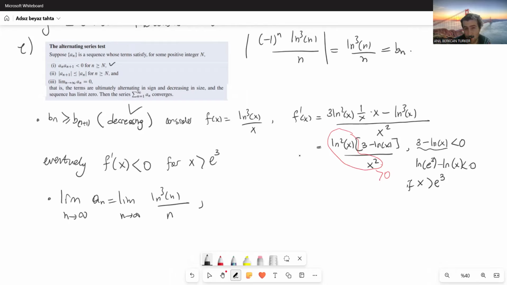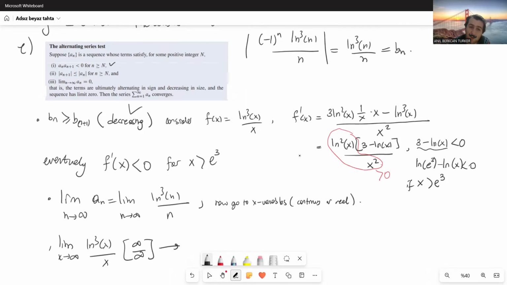So again, we go to the continuous part. So now go to x variables, continuous or real. Anyway, the limit as x goes to infinity of ln cube x over x. So it's like infinity over infinity. Take the L'Hopital rule.